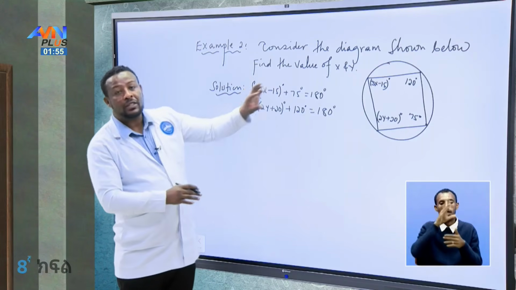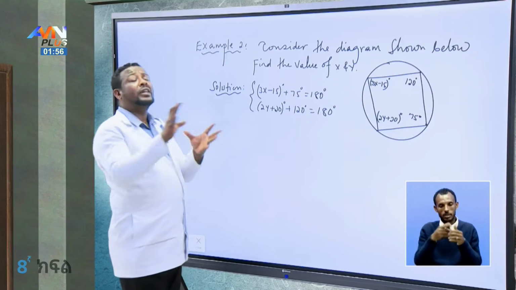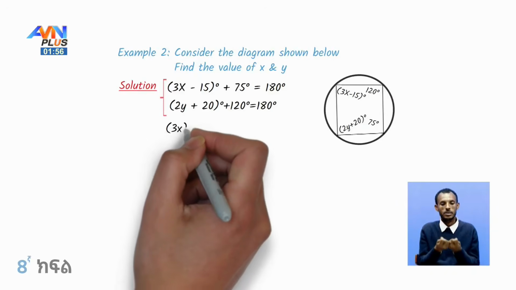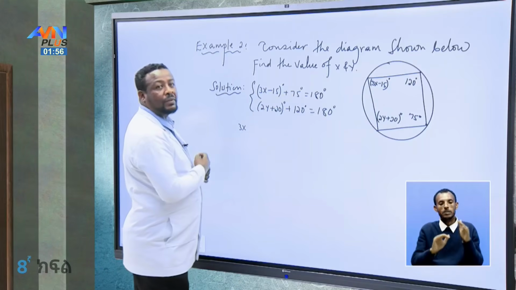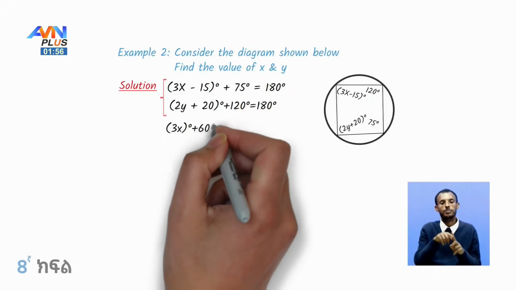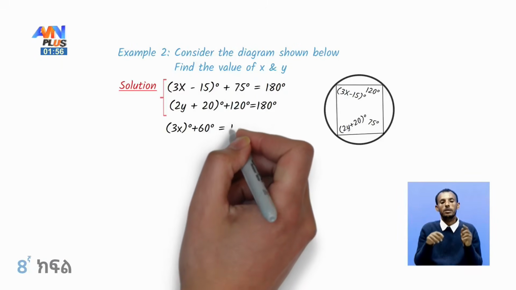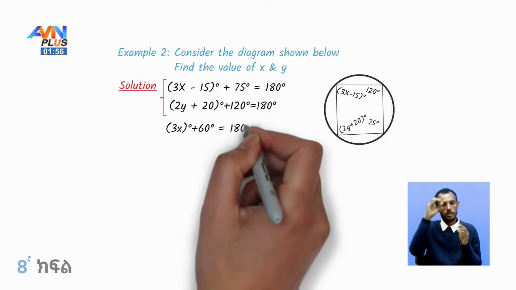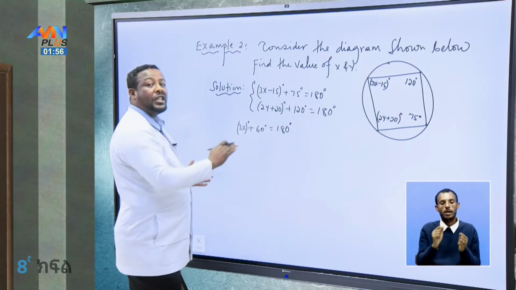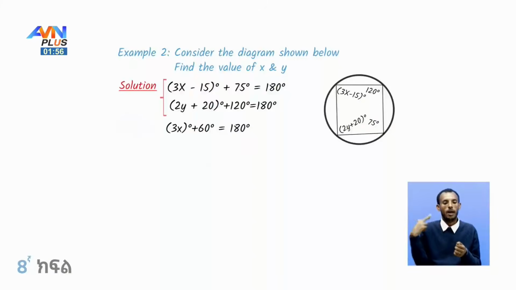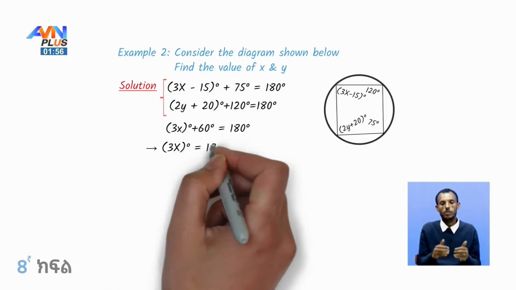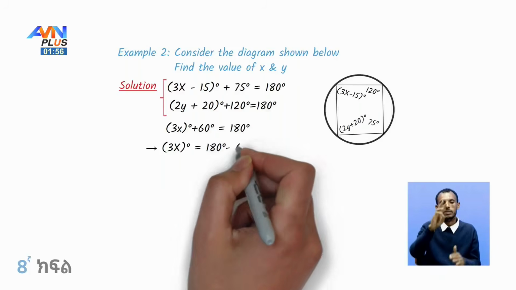Take the first equation and collect like terms. 3x minus 15 together with 75 degrees is positive 60 degrees, and this must be 180 degrees. So you can move 60 degrees to the right side, then this becomes 3x degrees equals 180 degrees minus 60 degrees.